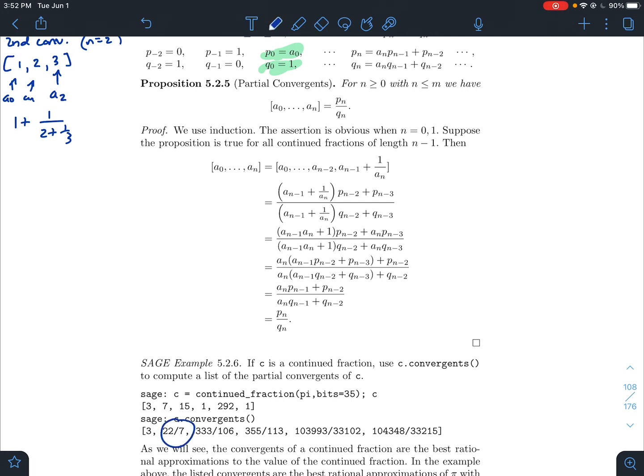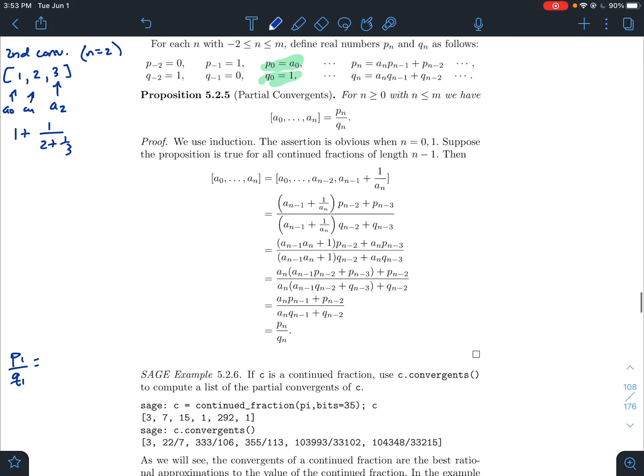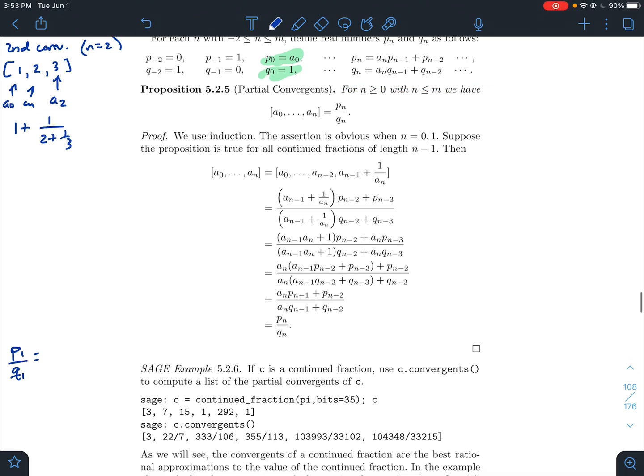This 22/7 is what allegedly P1 over Q1 should be, but let's make sure that's the case. So P1 over Q1, now we're going to use this part. P1 should be A1 P0 plus P sub negative 1, since we're plugging in 1 for all the n's that you see here.